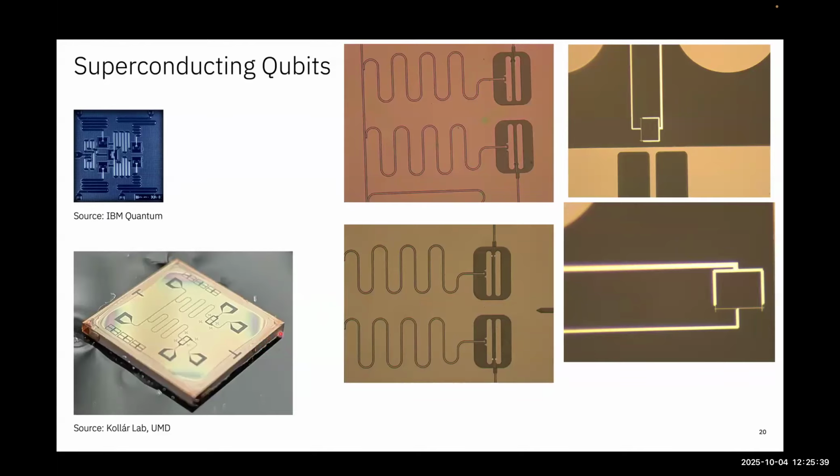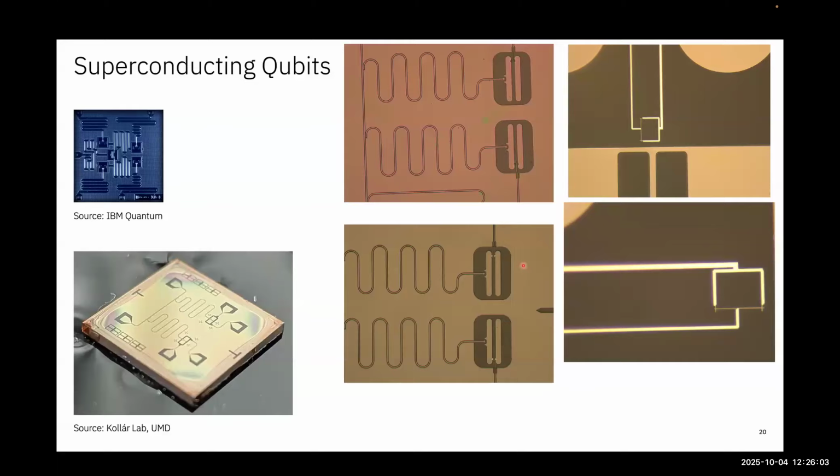So you have a material which is an insulator. Then you pattern your superconducting material on it. So what you have here, the black thing is the sapphire, or you can also use silicon. And then this gray or white thing is the tantalum.